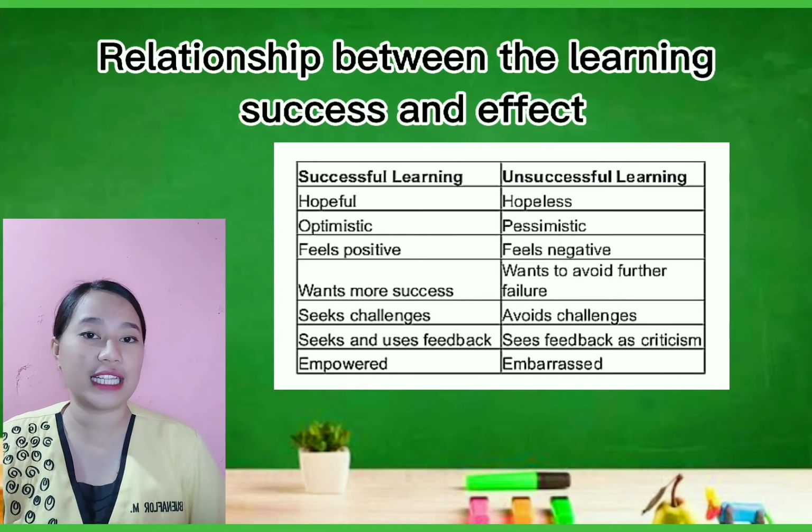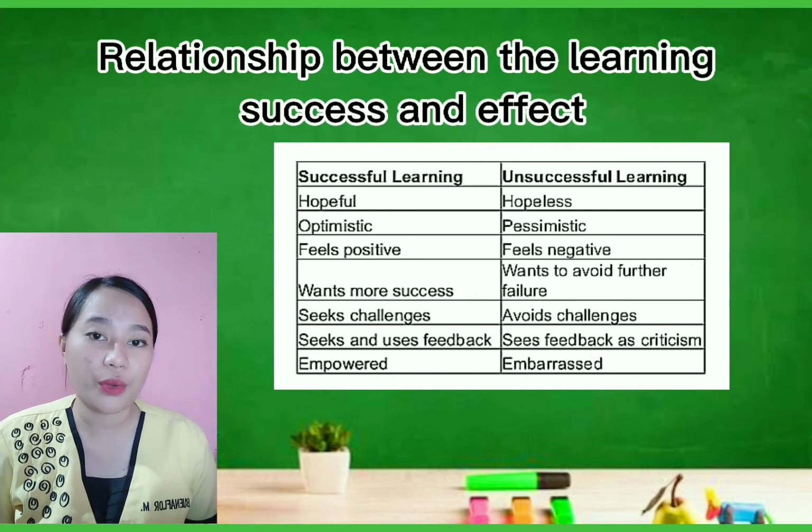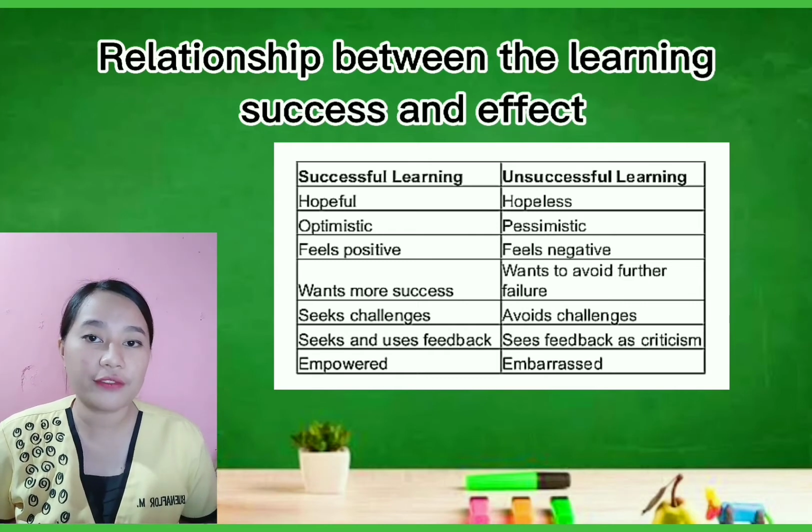The other one is feels positive, and in unsuccessful learning, it results as feels negative. Some other words are wants more success, and as an opposite, wants to avoid further failure. And then the next one is seeks challenges, and for unsuccessful, it is defined as avoids challenges. And we also have seeks and uses feedback, and in the second column, it is sees feedback as criticism.